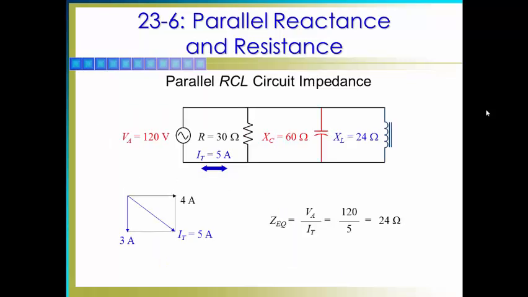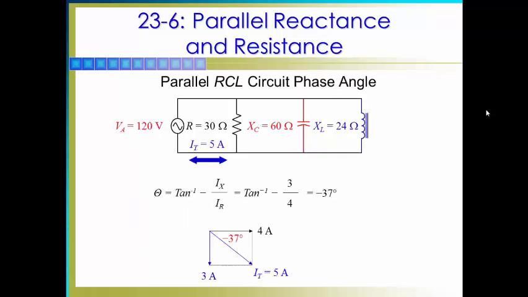Then you can go ahead and figure out, for example, the equivalent impedance of the circuit by dividing the voltage by the total current, so it becomes 24 ohms. And you can even find the phase angle, the lag angle in this case, because it's mostly inductive, so the current is going to lag the voltage.